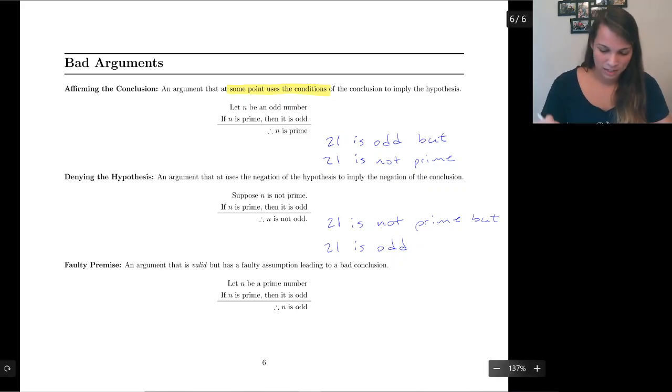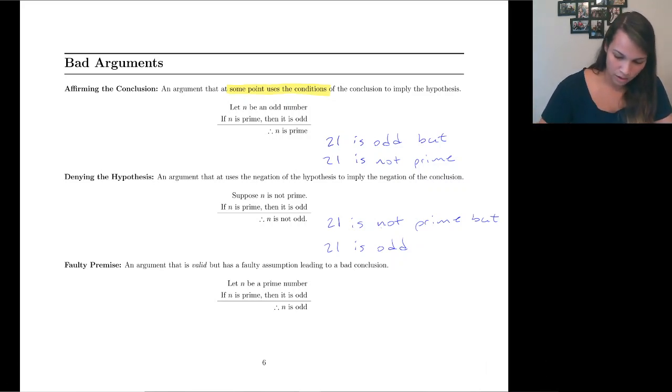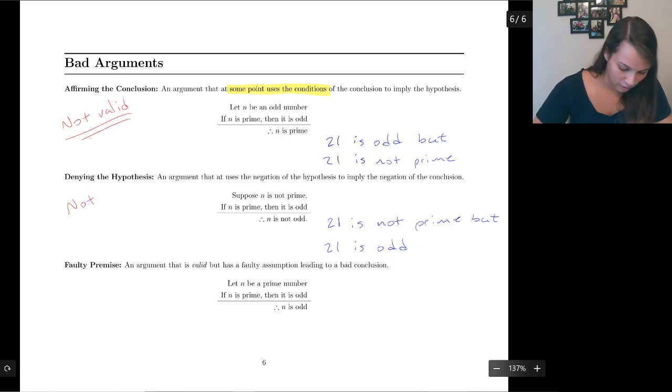Okay, so these are examples where we made arguments that were not valid. This is not a valid argument. This is not a valid argument.